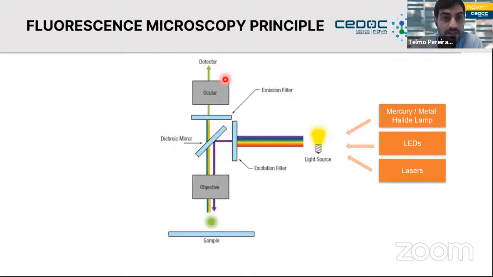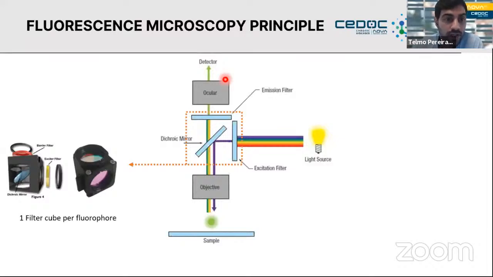This is the main light path of almost all the microscopes that you will see in the following days. They will have variations, of course, but this will be the main principle.